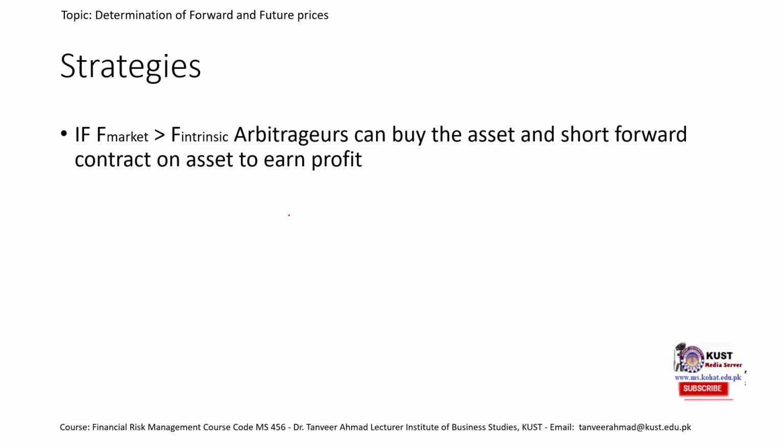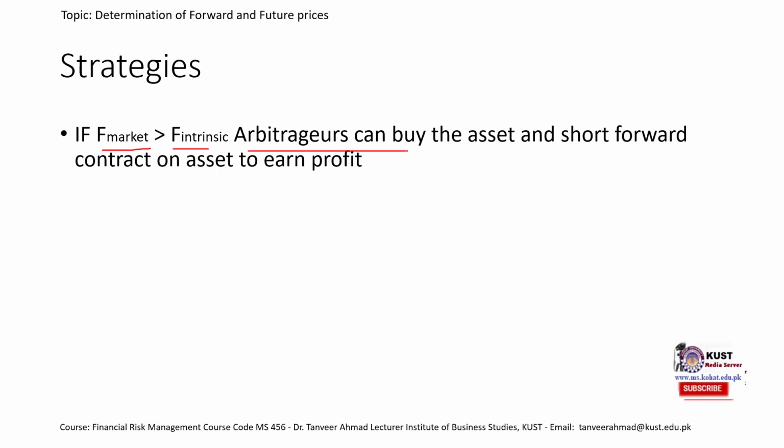So again, the strategies would be, if the forward market is greater than forward intrinsic, we have a detailed discussion on this in the previous video, and if you haven't watched that, go back and watch that lecture. These strategies are discussed in detail with an example.